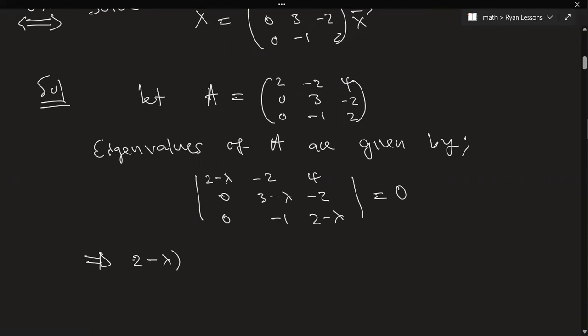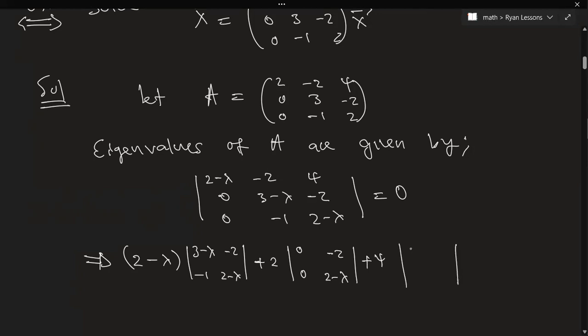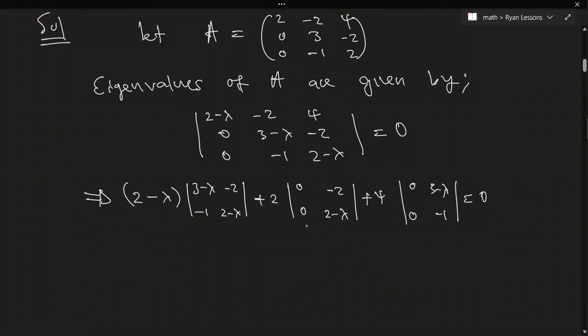It becomes (2 minus lambda) times the determinant of (3 minus lambda, negative 2, negative 1, 2 minus lambda), then plus 2 times the determinant of (0, negative 2, 0, 2 minus lambda), then plus 4 times the determinant of (0, 3 minus lambda, 0, negative 1), all equal to 0. We see that the last two terms will go to 0, because when you take the products, you will get 0.